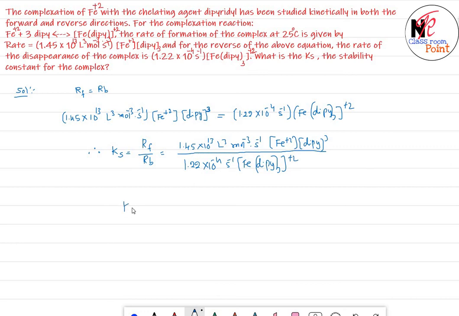By cancelling these we shall get the stability constant, because the complex values get cancelled. So only these are to be solved, and the answer is 1.19 × 10^17. This is the answer to the question.